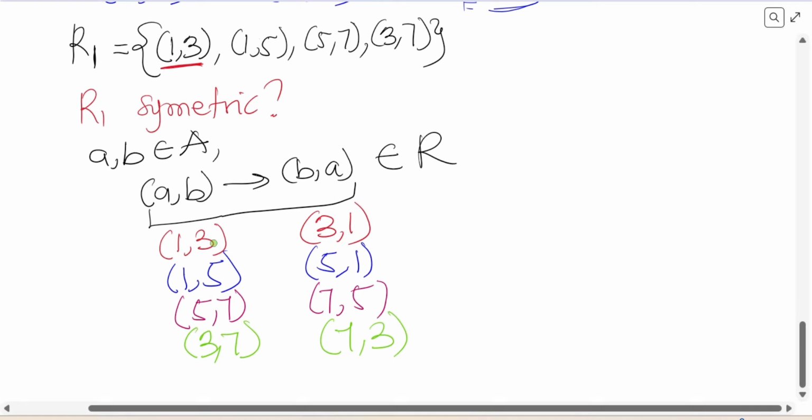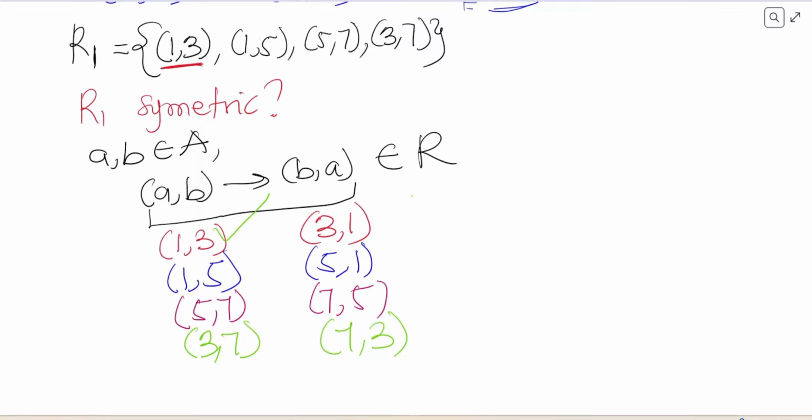Let's check. We have (1, 3), but we don't have (3, 1). We have (1, 5), but we don't have (5, 1). So the moment one pair fails the condition, we conclude that the relation is not symmetric.